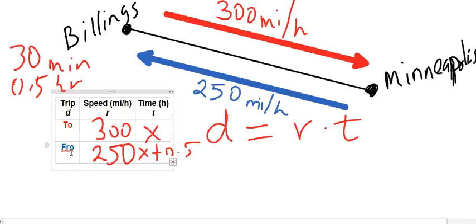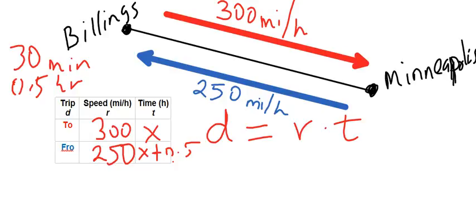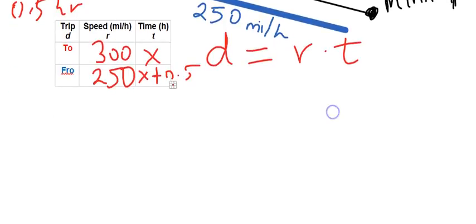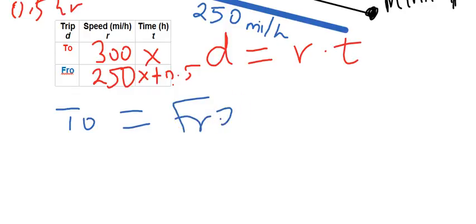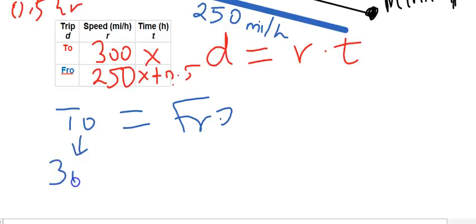So we said that distance, which we already have in the table here. So the distance to and the distance from, we set them equal to each other. So it's going to be the distance to equals the distance from. So the distance to is 300 times x, which is 300x. Are you there?